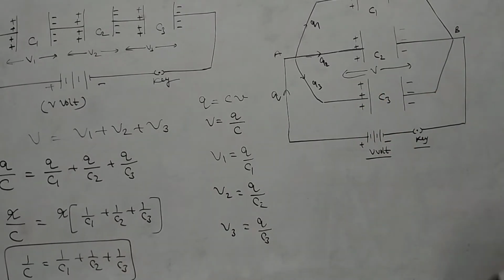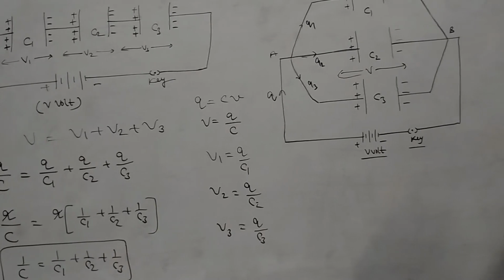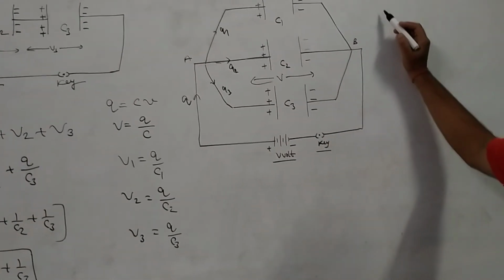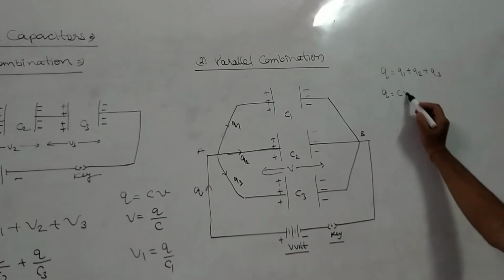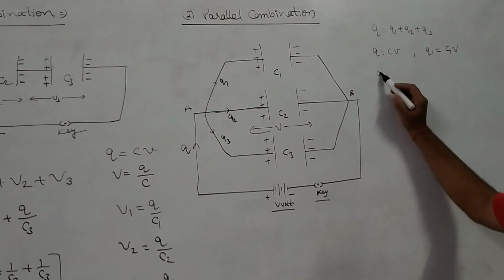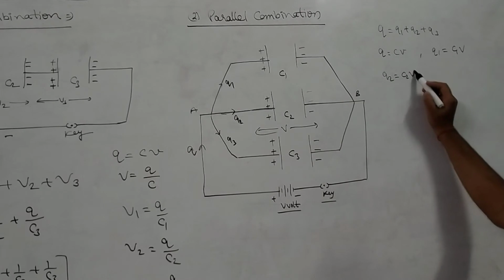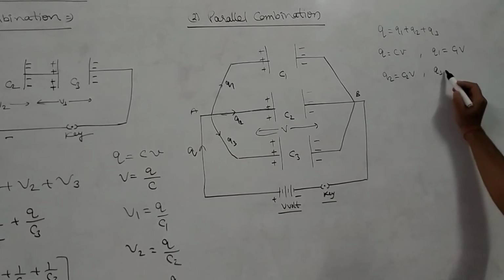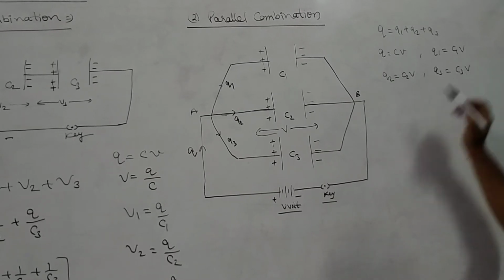So the total charge in this combination is Q is equal to Q1 plus Q2 plus Q3. Now we put Q is equal to CV, Q1 is equal to C1V, Q2 is equal to C2V and Q3 is equal to C3V.